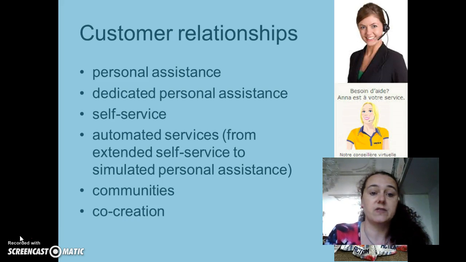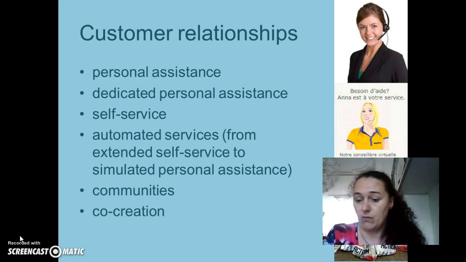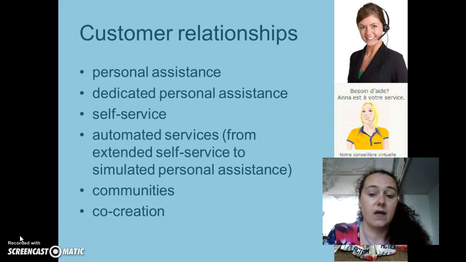There's self-service, in all different kinds, say from the gas station to other things. Automated services, so there can be an extended self-service or a simulated personal assistant.